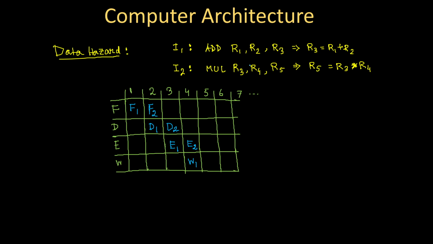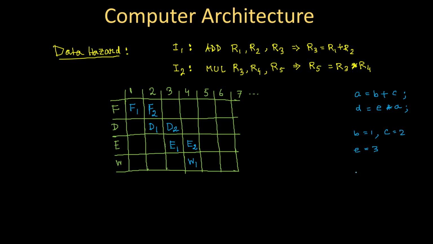Because consider a simple C program representing these two instructions, for example, A equal to B plus C, and then D equal to E plus E into A. What do you expect? Say B is equal to 1, C is equal to 2, and E is equal to 3.